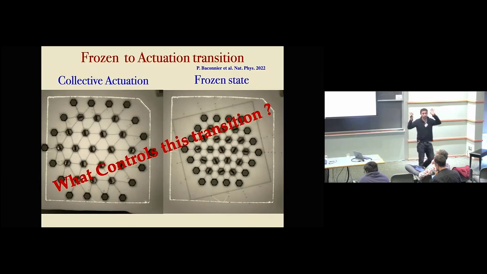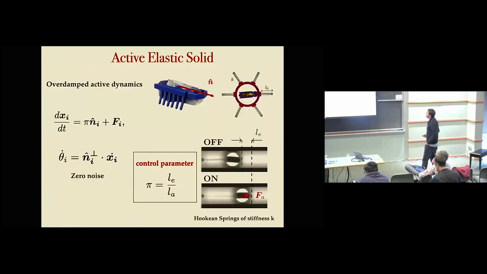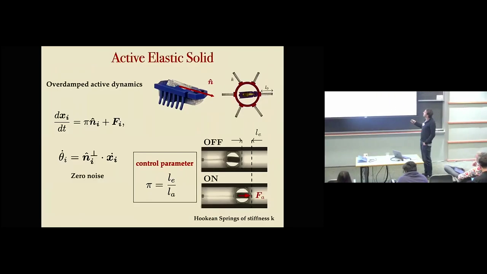Now we don't have any floppy mode, so the elasticity, of course, becomes important in this system. And so the set of equations is now slightly changed. I will forget about noise. It's not really relevant. Now I need to introduce elasticity, so that introduces a new dimensionless parameter, the one that controls the physics here, which is given by the ratio between the alignment length and the elastic length.